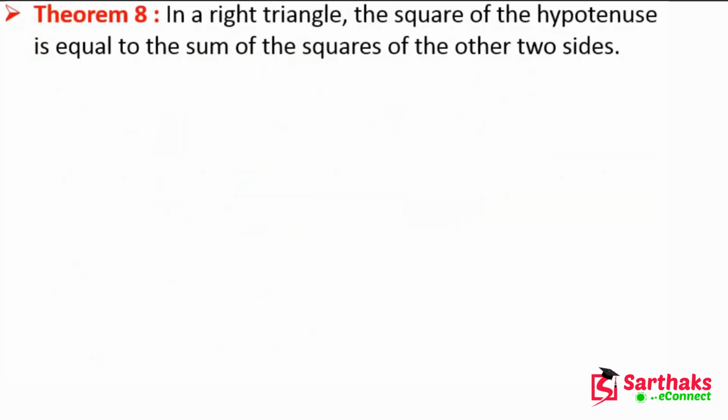The next theorem states that in a right triangle, the square of the hypotenuse is equal to the sum of the squares of the other two sides.